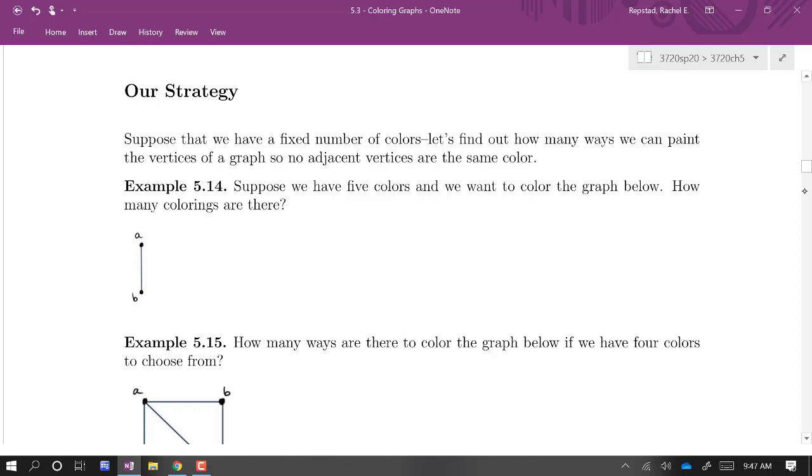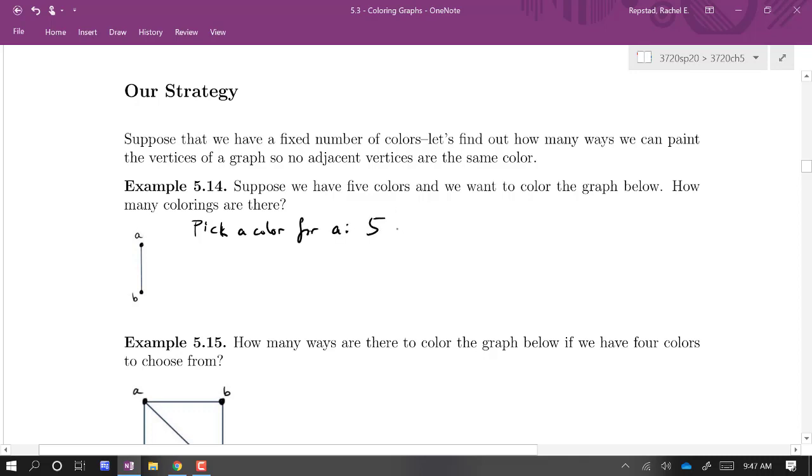So what we're doing now is we're changing this question of can we color it to how many colorings are there if I have a certain number of colors available. If the number of colorings available is 0, it means that we cannot color it with that many colors. So in this case we have 5 colors available, so let's pick a color for vertex A.